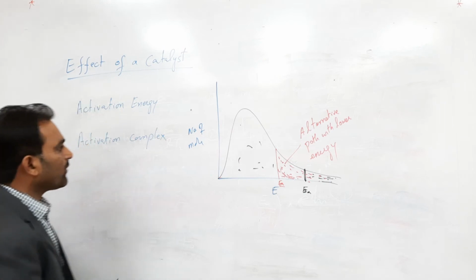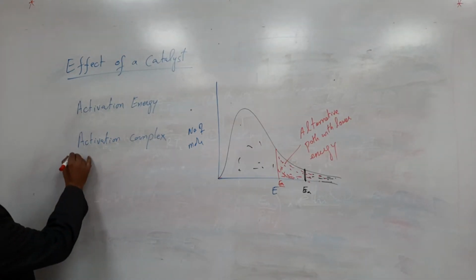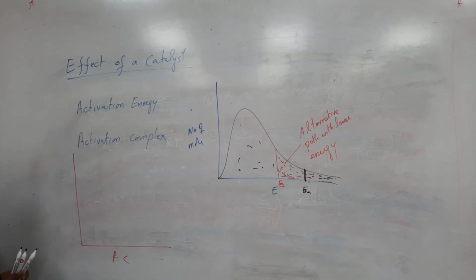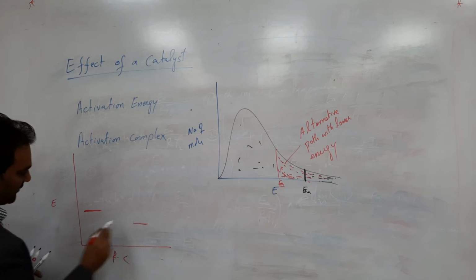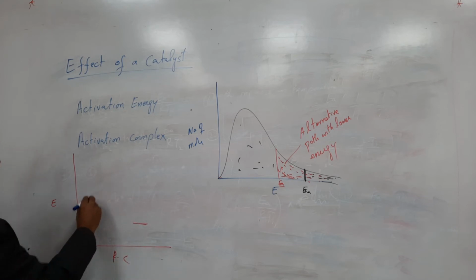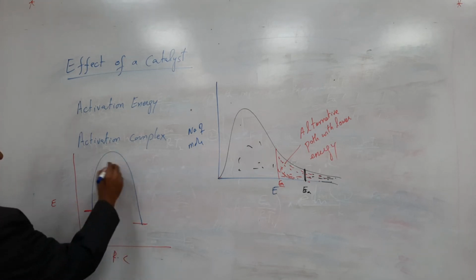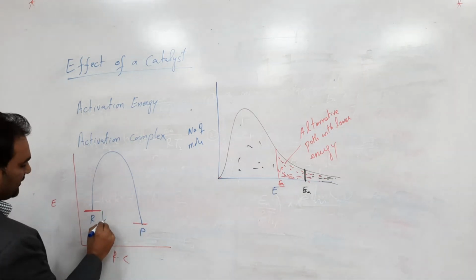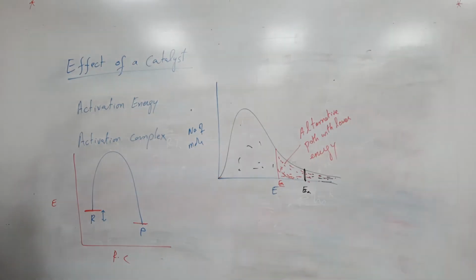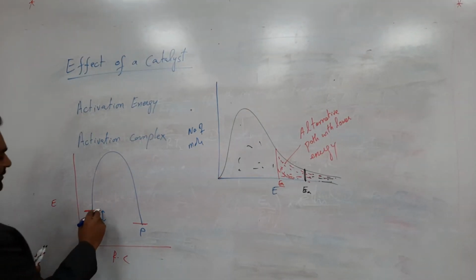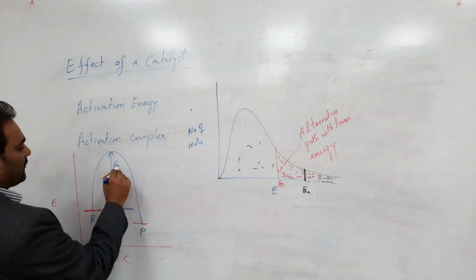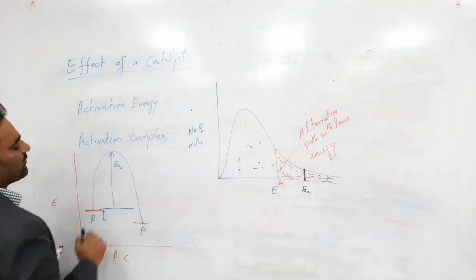Okay. Now, if you have an energy profile, here you have reaction coordinates, and here you have energy. This is your reactant, this is your product, and this is your uncatalyzed reaction. The difference between them is the energy difference, and this is the activation energy for the uncatalyzed reaction.